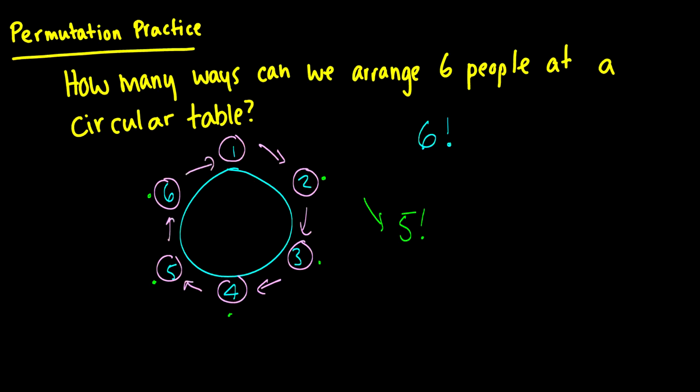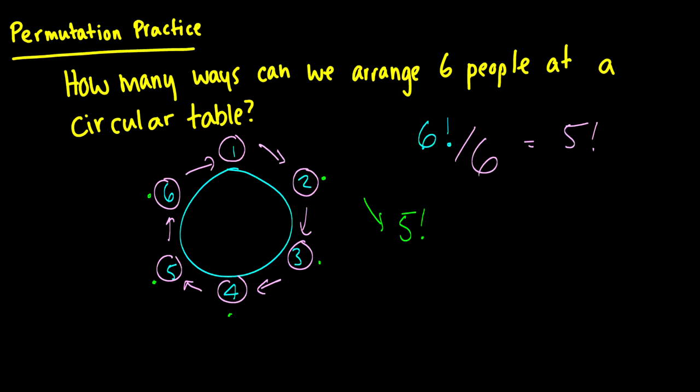It just happens to be that they're in different seats. But we wouldn't know that because the table is circular. So we can divide this by 6 and get 5 factorial after canceling. So this is the same answer, 2 different methods of getting that answer, but they work the same.